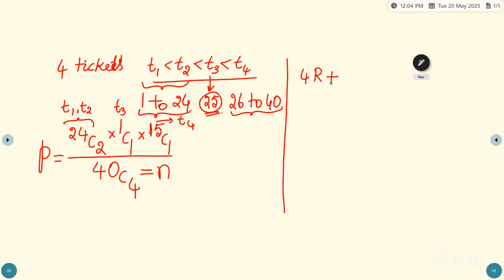A box contains 4 red and 6 black balls. 2 balls are chosen randomly.